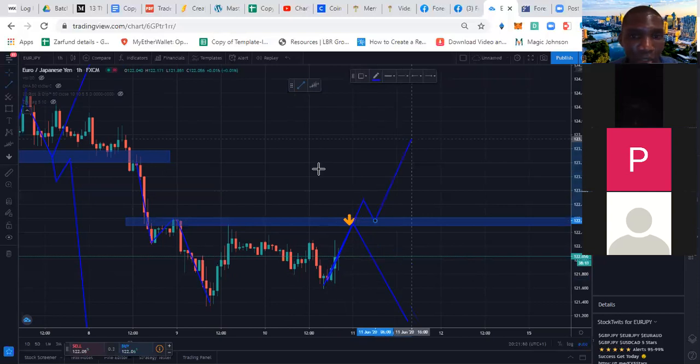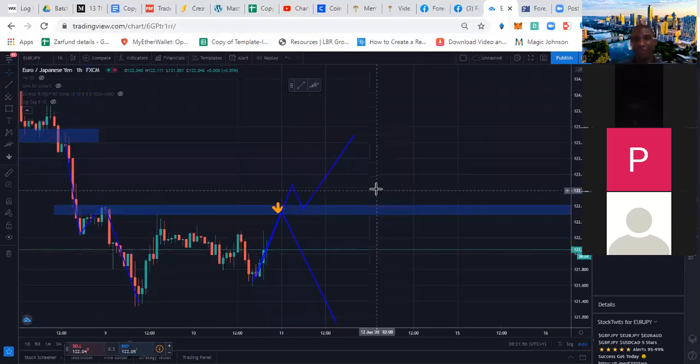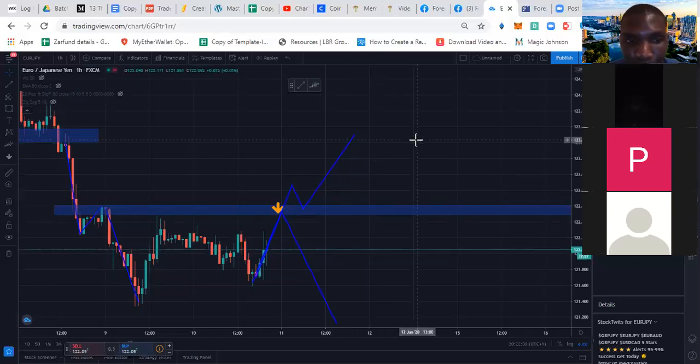It will buy all the way to this place. So these are the two scenarios we are expecting right now for Euro JPY.